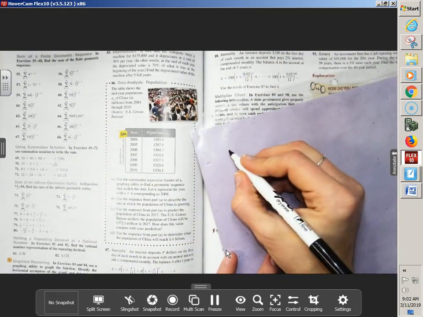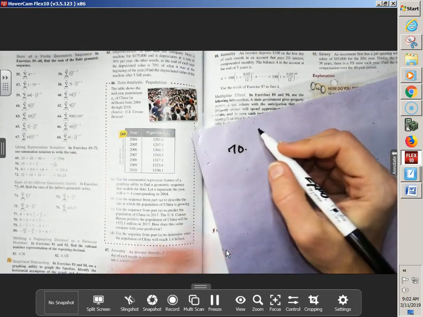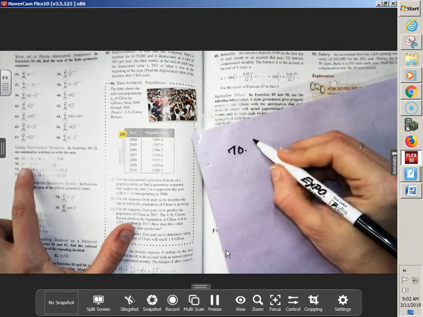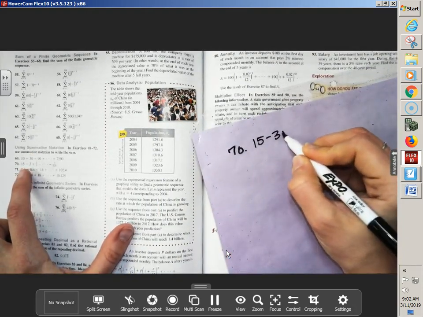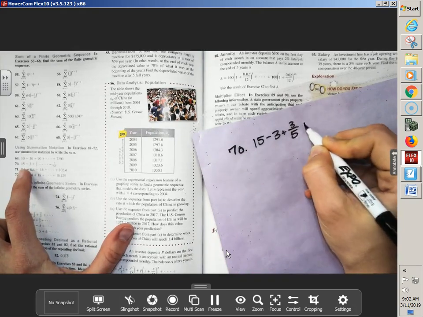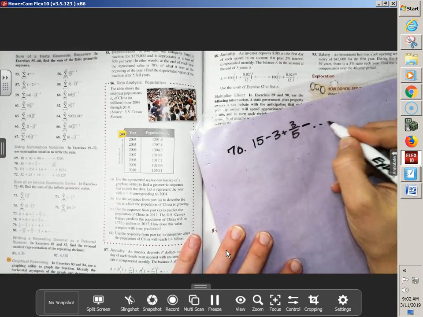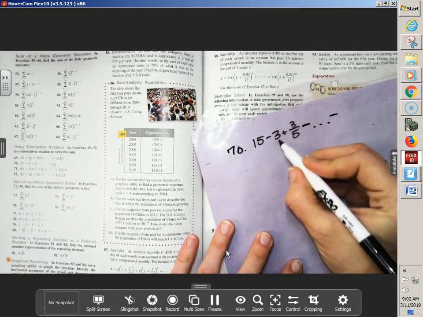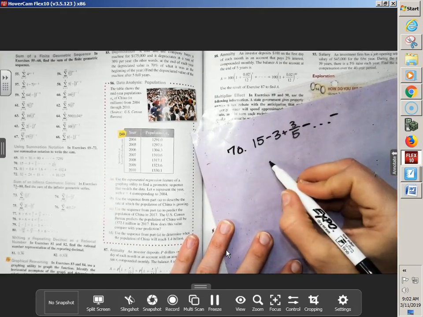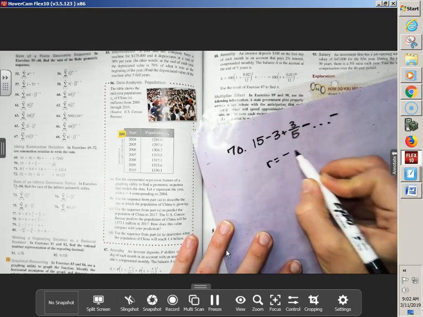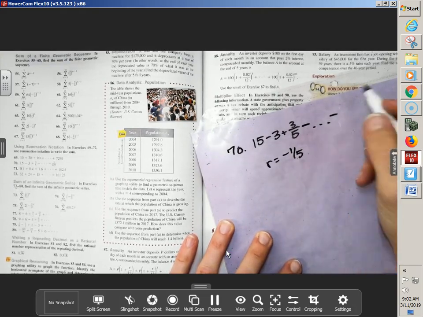Number 70 said, I'm going to give you the sequence of 15, minus 3, plus 3/5. It's really tiny over here, so let me get it down. Did anybody find the pattern just by looking at it? Yeah, it is going to be times a negative because negative, positive, negative. And then r is equal to negative 1/5. Okay.